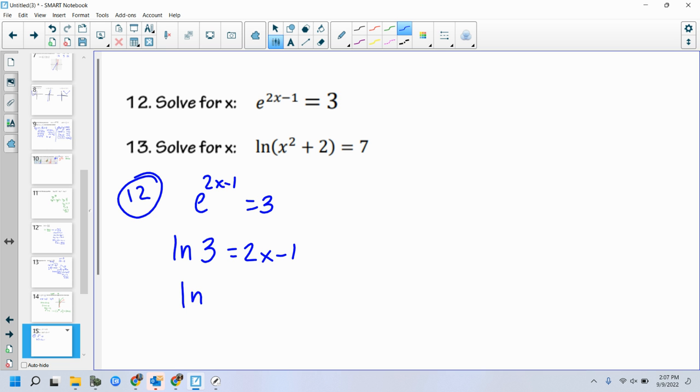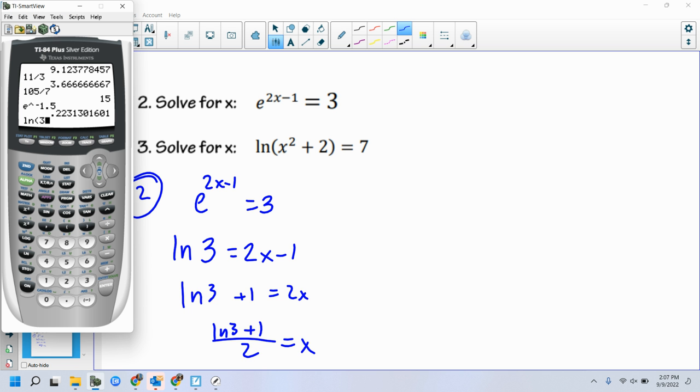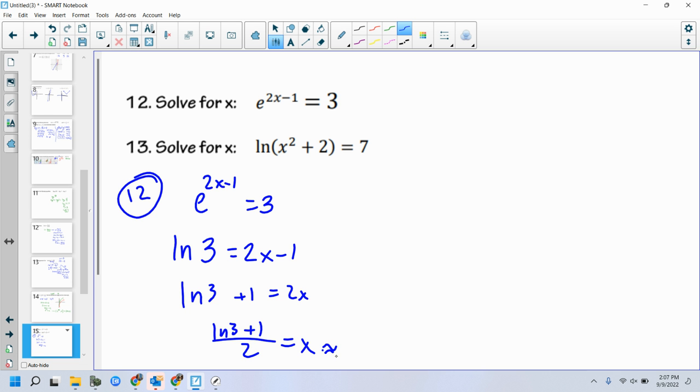Add the 1, divide by 2, is equal to x. So I'm going to do ln 3 plus 1, divided by 2. 1.05. Let me double check. Approximately 1.05.